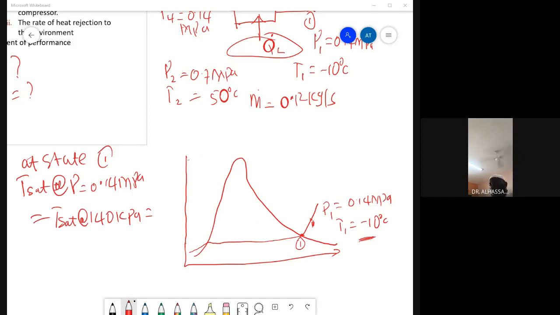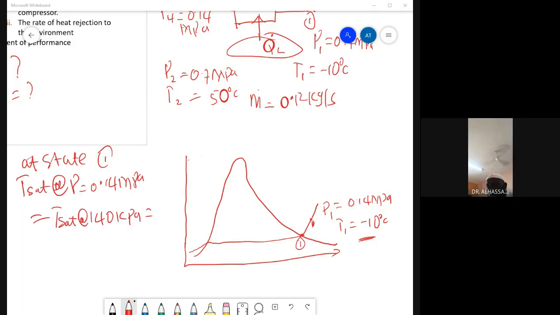The corresponding saturation temperature.